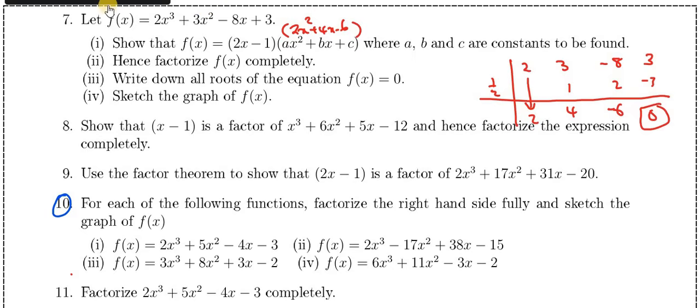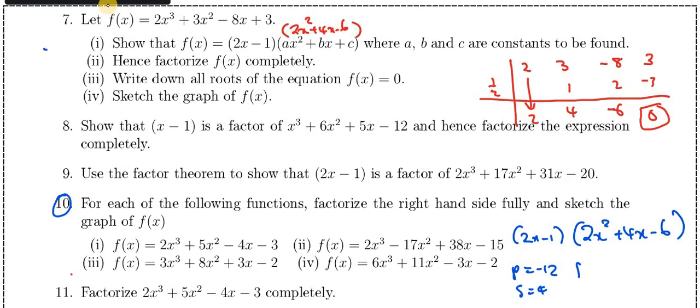That's what you're having. And it will even help us now when they say factorize completely. We'll just use the same. We already have 2x minus 1. We just don't have the simplified version of our quadratic here. So the product there is negative 12. The sum is 4. So the factors that we're going to use are simply going to be 6 and negative 2.